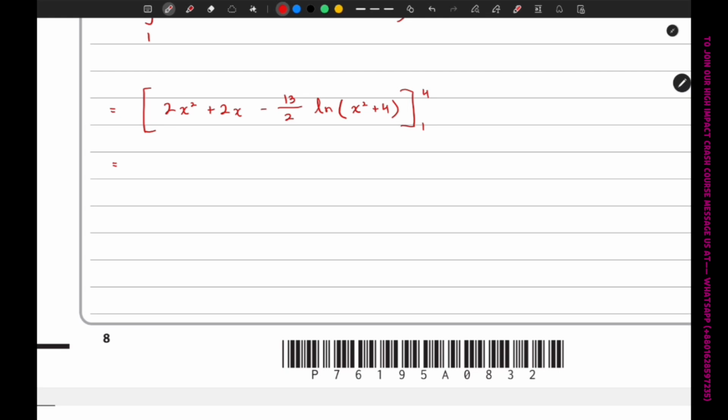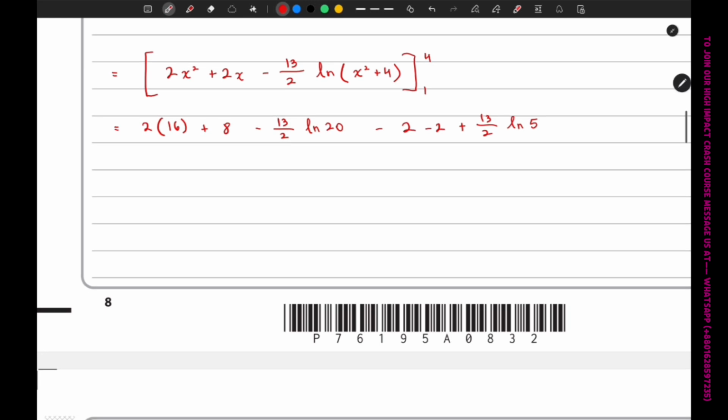Now let's find out the values. So it's 2 times 4 squared, which is 16, plus 2 times 4, which is 8, minus 13 over 2 ln of 4 squared, which is 16, plus 4, that gives us 20, minus the lower boundary. So minus 2 plus 2, and plus 13 over 2 ln of 1 plus 4, which is 5.